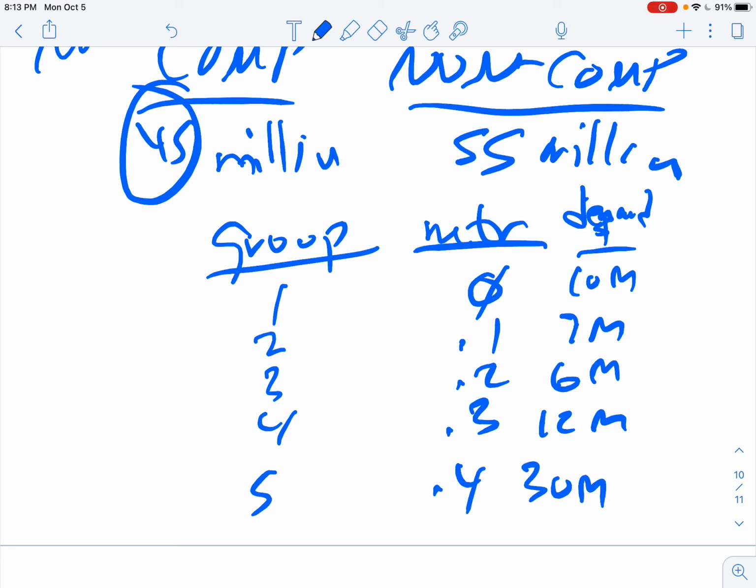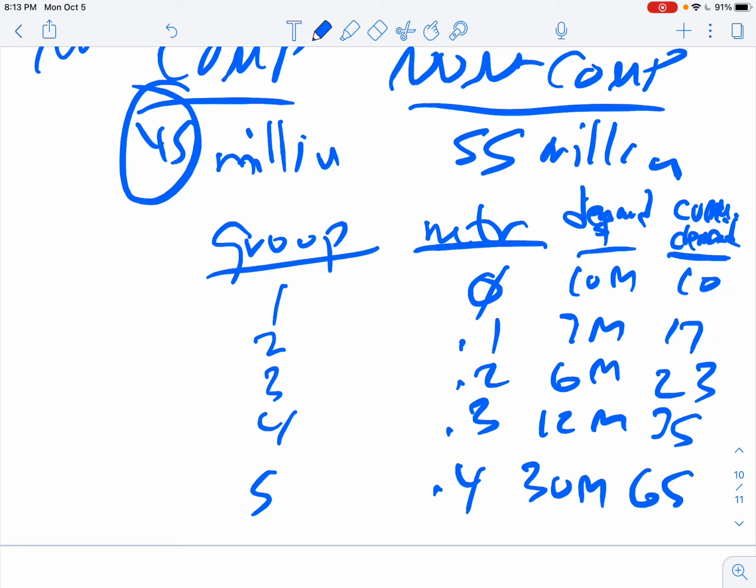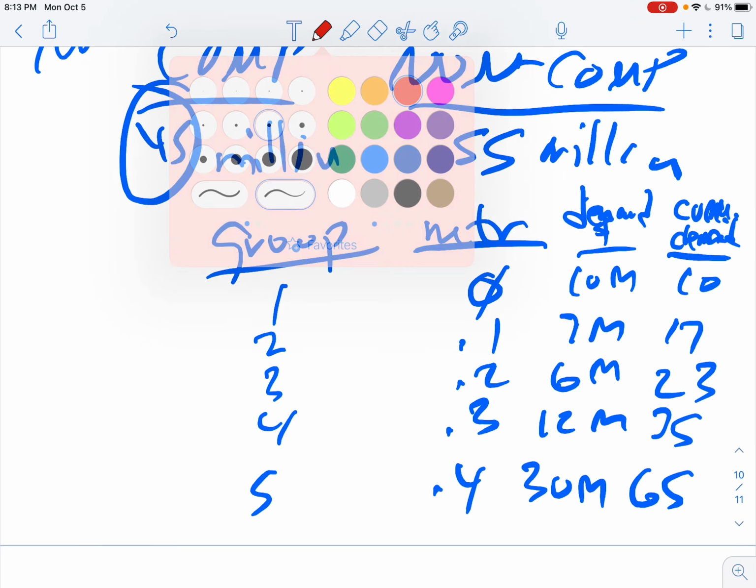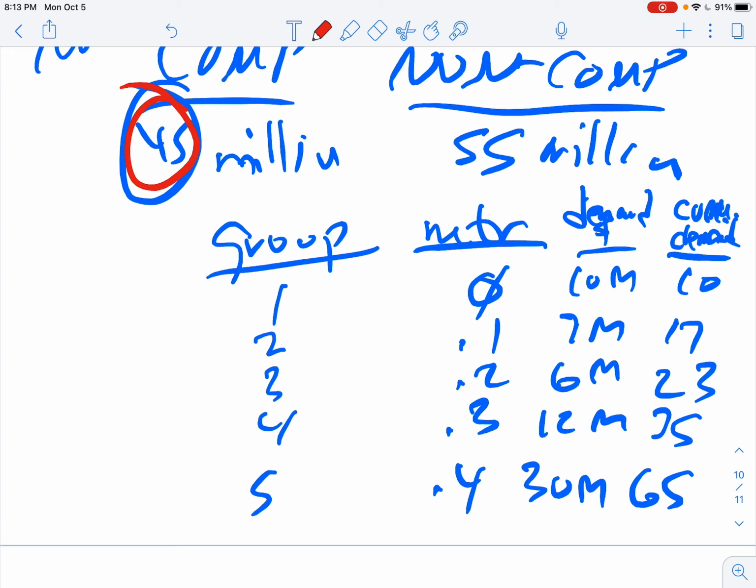And then what you do is you calculate cumulative demand. So here it would be 10, here it would be 17, 23, 35, 65. And then you can say, oh, well, look, we need 45. We're going to have to go all the way up to the 5th group.